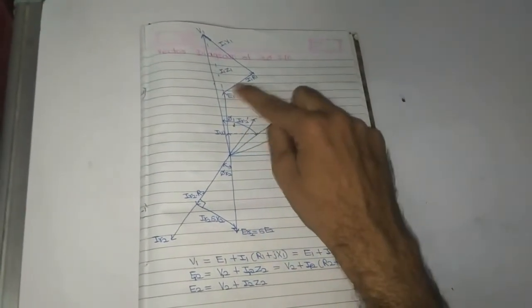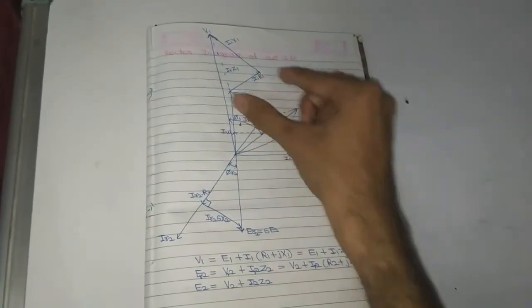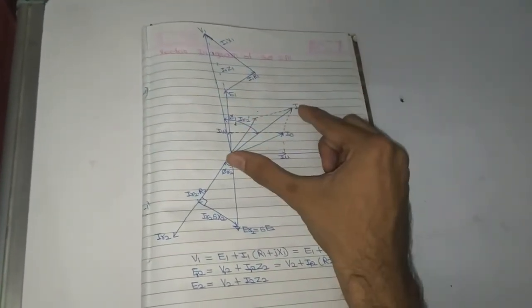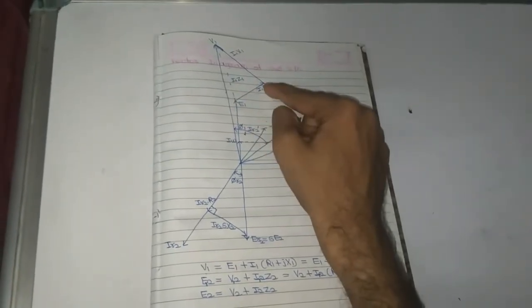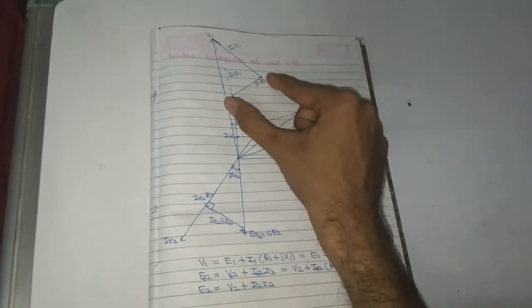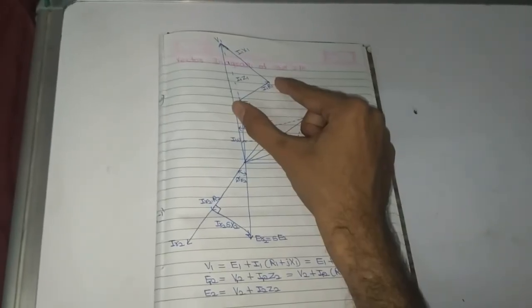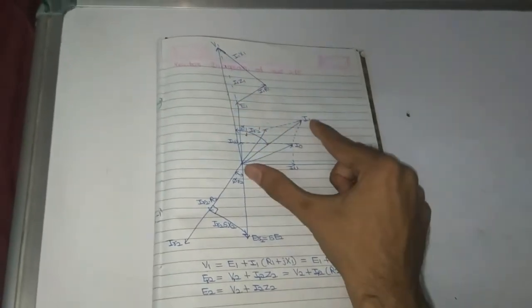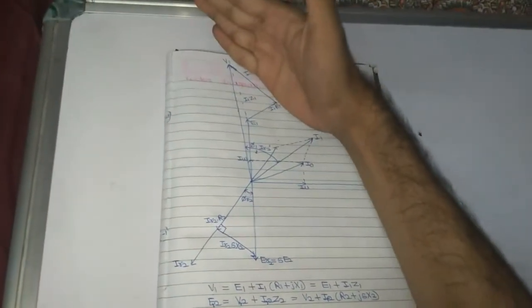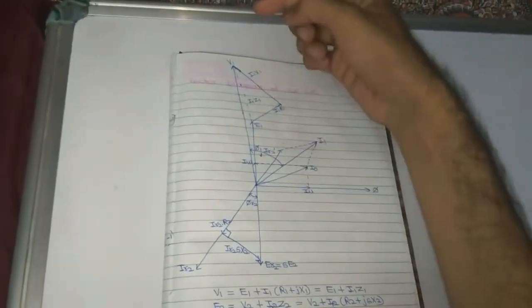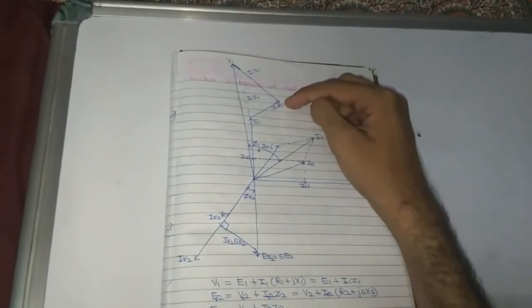And what about this I1 R1? This is in phase with the current I1, because here we have shown the resistance R1. So I1 R1 is the current flowing through the stator winding resistance, and it is in phase with I1. And I1 X1 is 90 degrees leading to I1 R1.